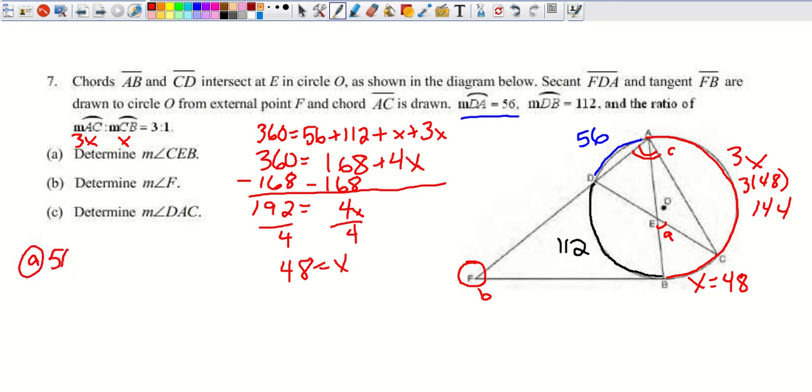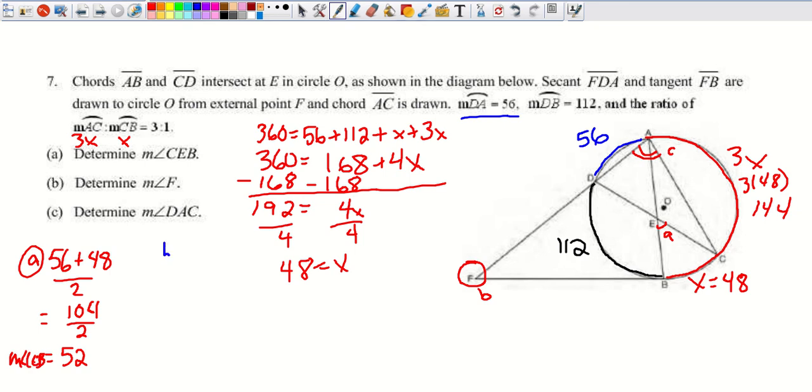So that's 56 plus 48 divided by 2, which is 104 divided by 2, and that's equal to 52 degrees. So that's the measure of angle CEB. All right.